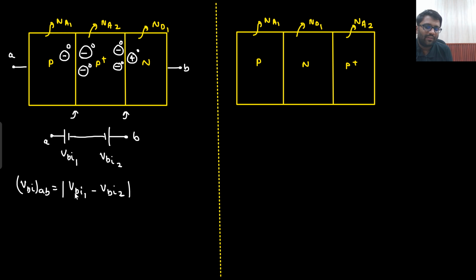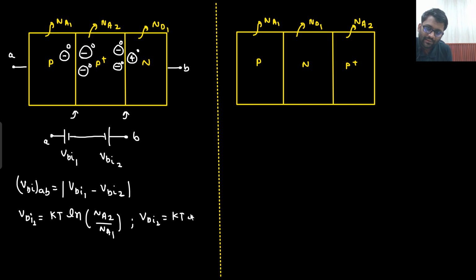So I will write down V built-in 1. Can anyone let me know what will be your V built-in 1? That would be KT ln higher concentration divided by the lower concentration. So basically this particular battery can be replaced by this. What about V built-in 2?